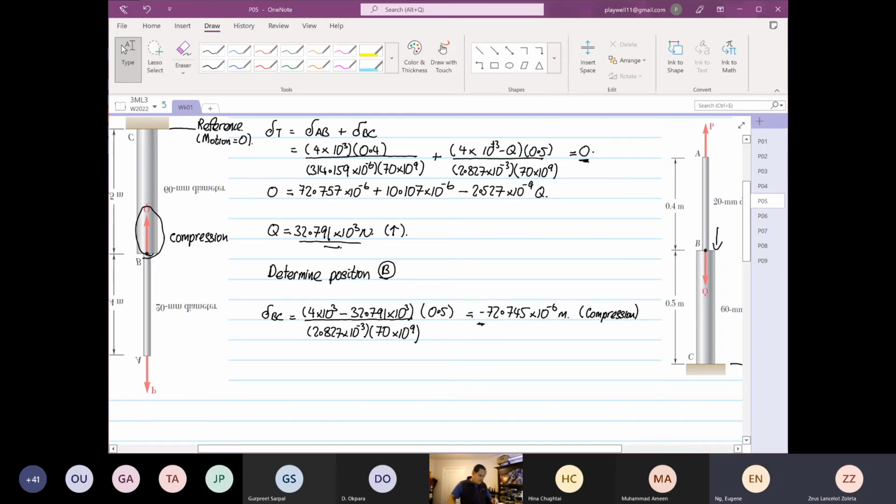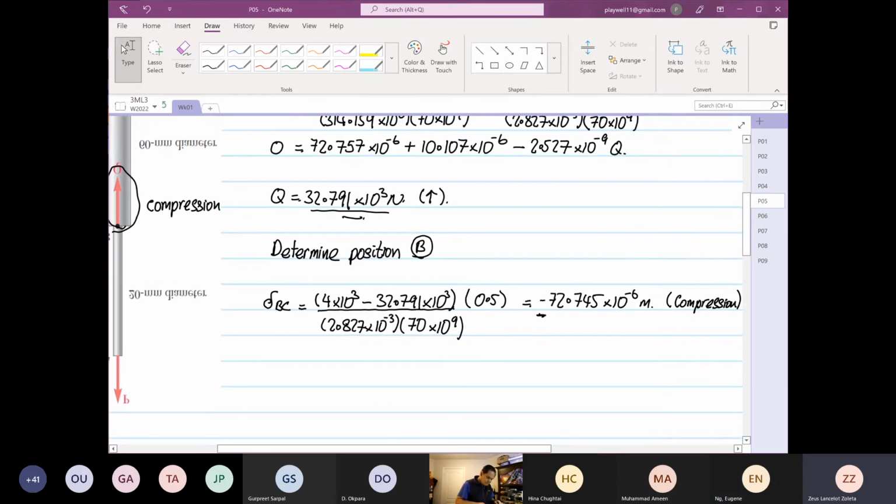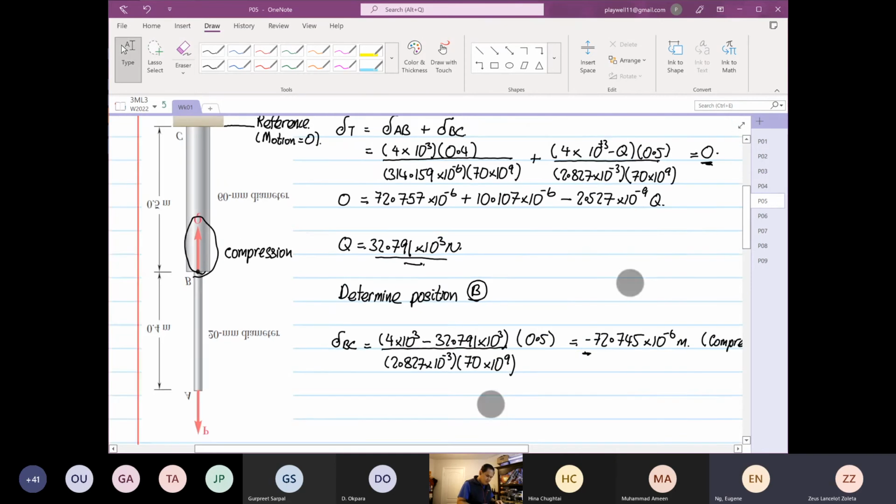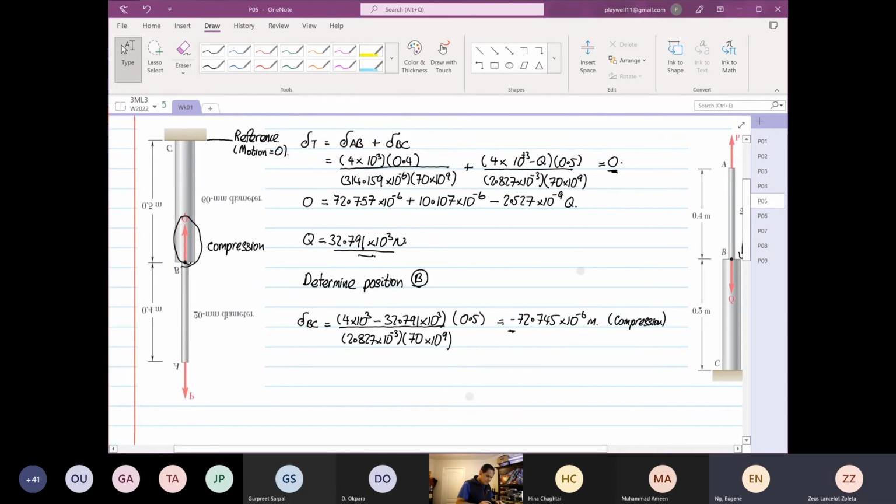For this case, because I'm looking at it from the upside down view, let's cancel off the up or down, otherwise you'll get confused. But we know that Q will be acting in compression in BC.